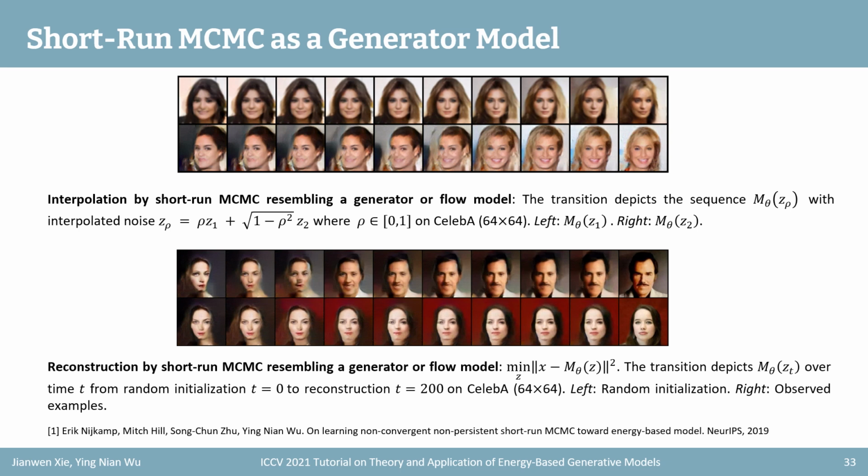The transition in the top figure displays the sequence of generation with interpolated z. In the bottom figure, we see that the short-run MCMC generator can perform reconstruction by finding z to minimize the reconstruction error. Both of these experiments validate that the learned short-run MCMC is indeed a latent variable model.